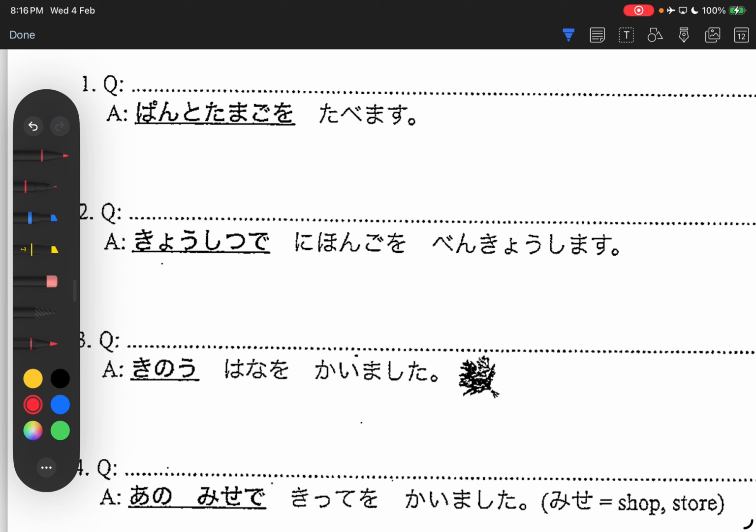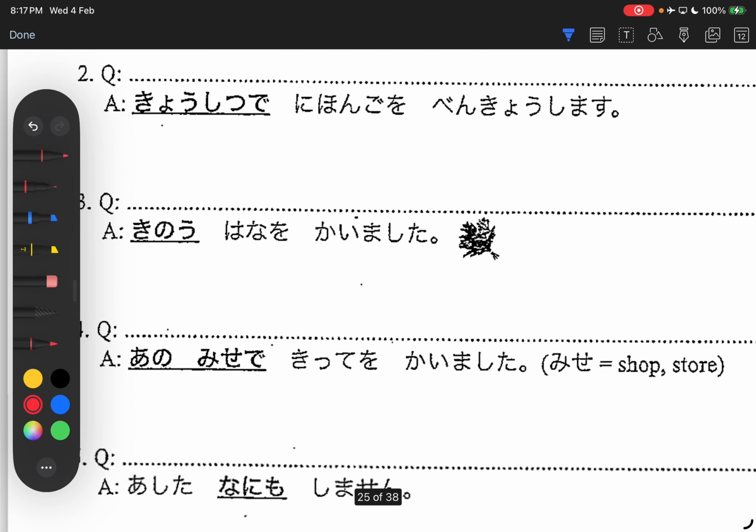I wrote the question, but I forgot to write the Roman letters. どこで日本語を勉強しますか. どこで is where, the location.